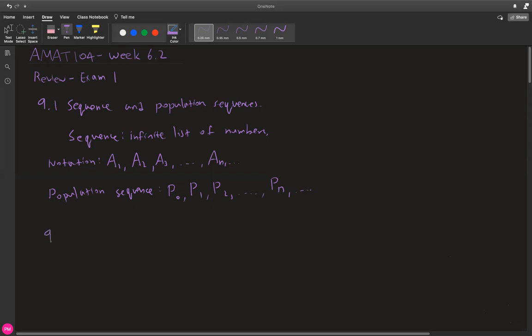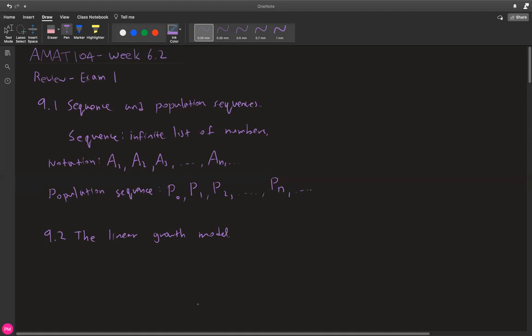So chapter 9.2 was the linear growth model. The linear growth model is when the population sequence or population growth model is simply linear.